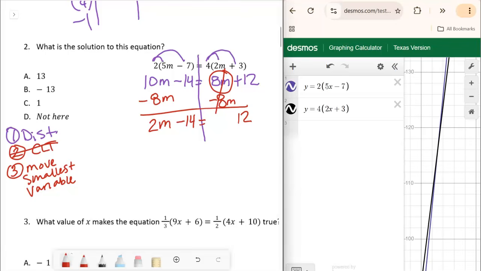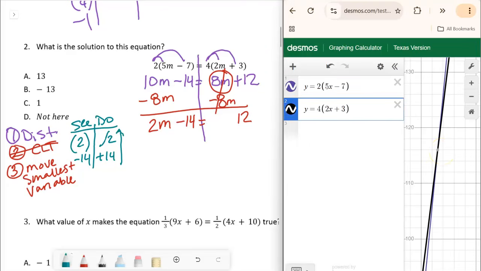And then you do step 4 to solve the equation. So what do I see happening with my m? It is multiplying by 2 and subtracting 14. So I'm going to do the opposite. I'm going to add 14 to both sides and then divide by 2. Okay, but again, the answer is over here in that dot.